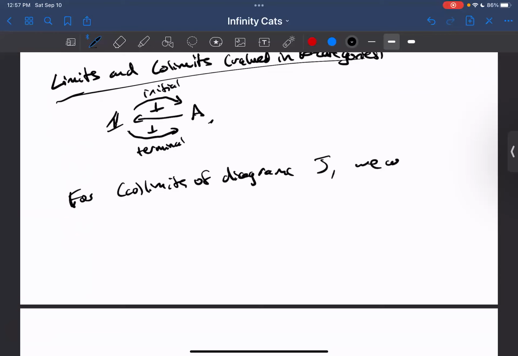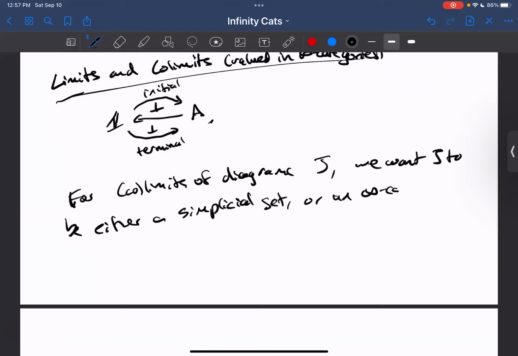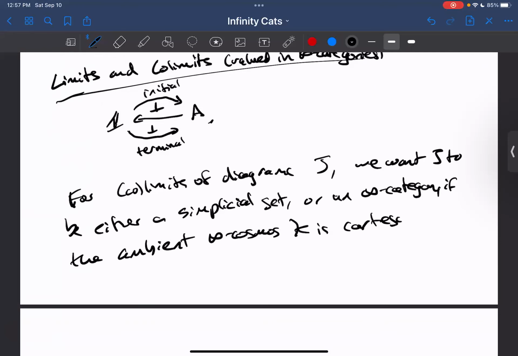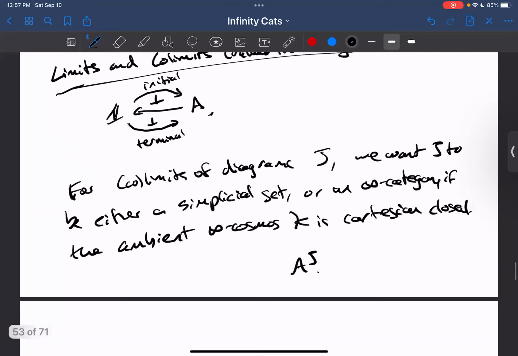We want J to be either a simplicial set, and then we're using simplicial cotensors, or an infinity category if the ambient infinity cosmos K is Cartesian closed. So this is just saying that we can form a category of diagrams A to the J.